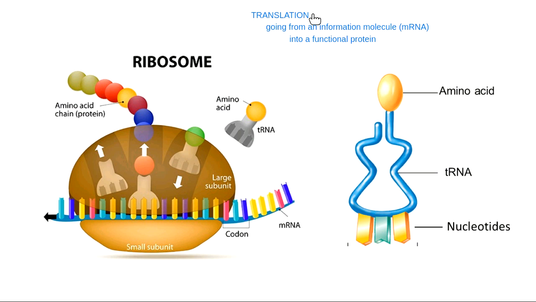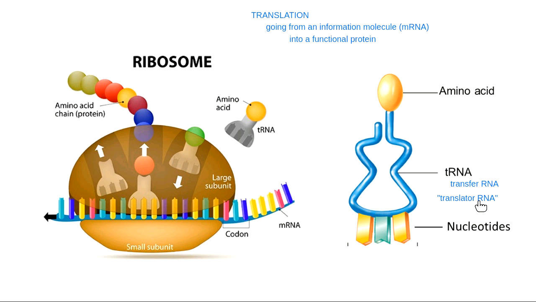The other type of RNA we're using here is called tRNA. Now, technically, tRNA stands for transfer RNA. But if you remember from the lesson, I told you to call it translator RNA, because it's the kind of RNA that speaks two languages.